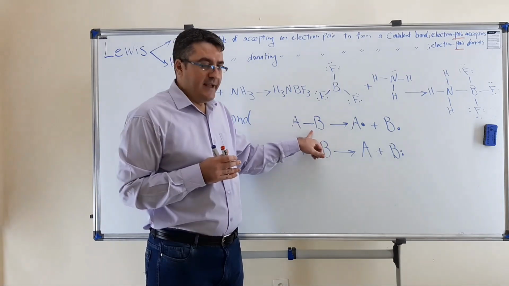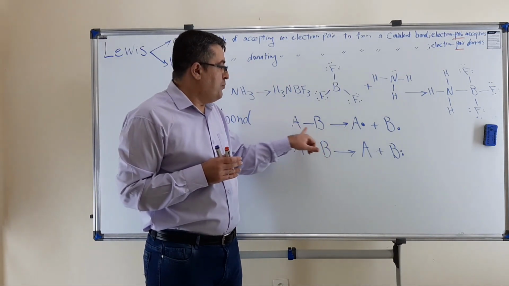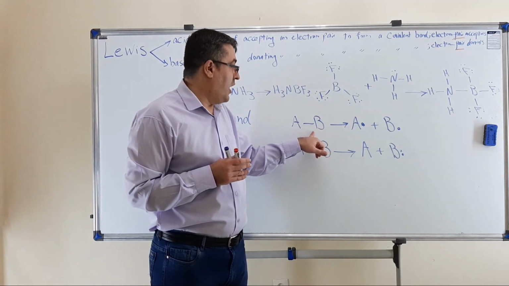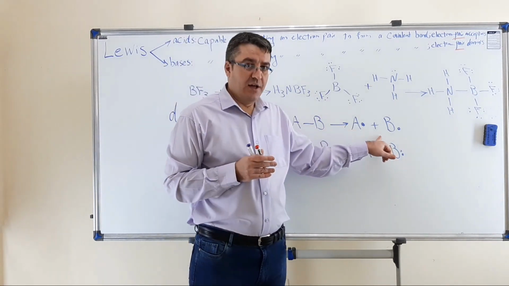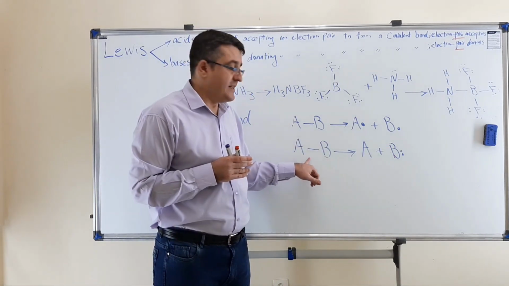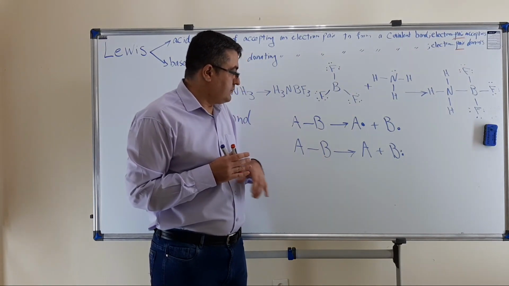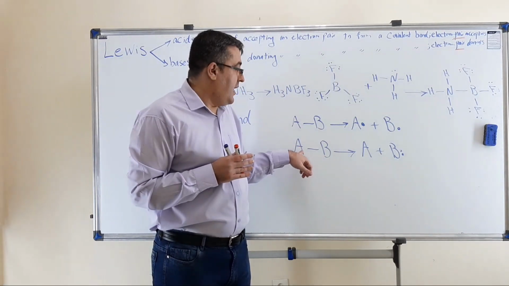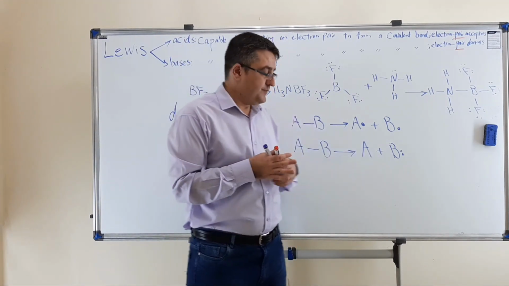In the first case, each of the two participants in the covalent bond keeps half of the shared electrons, while in the second case, one of the participants in the covalent bond keeps all of the shared electrons.